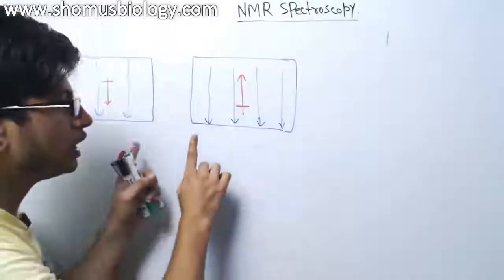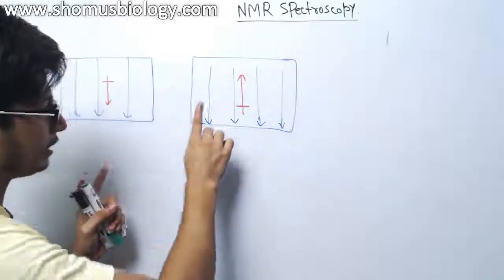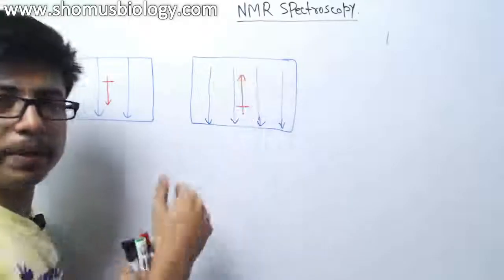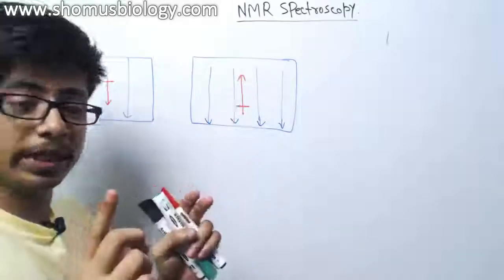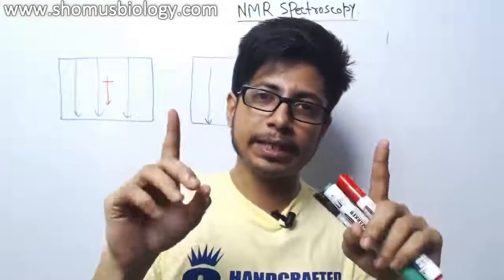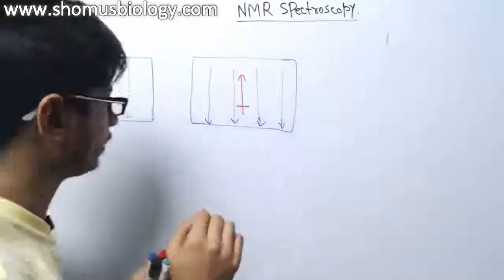How? Because we are telling all those hydrogens to take the same arrangement, which is against the magnetic field. This is known as resonance, because resonance means all those atoms are doing the same thing at the same time. That is called the resonance here.